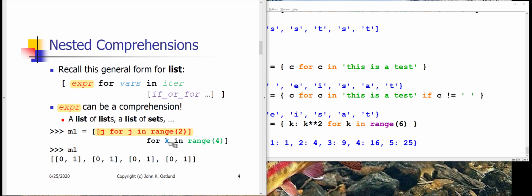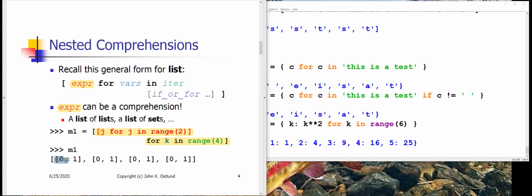Okay, so for k in range 4, that is for k going from 0, 1, 2, 3, we're going to create a list of values of j for j in range 2. Now the values for j in range 2 are going to be 0 and 1. All right, so 4 times we're going to create a list, and that list is going to contain values 0 and 1.